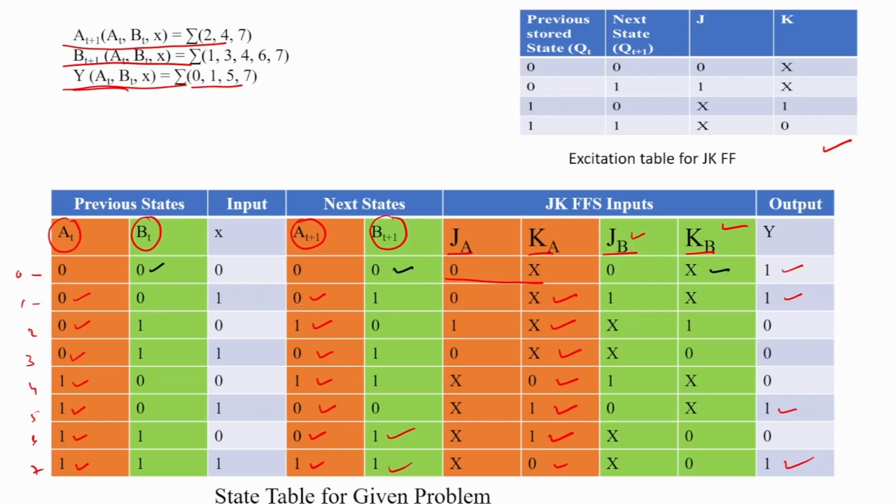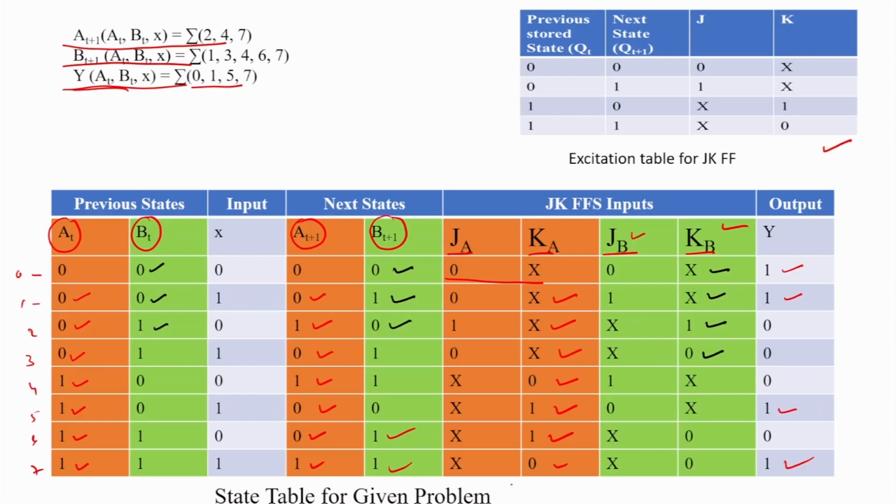Similarly 0 1 gives 1 x, and 1 0 gives x 1. Similarly 1 1 gives x 0, and in this way we determine all the values of J B and K B.